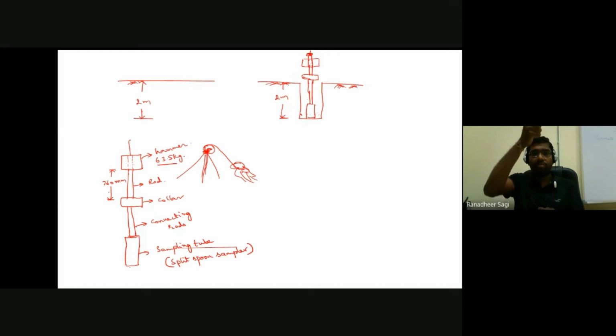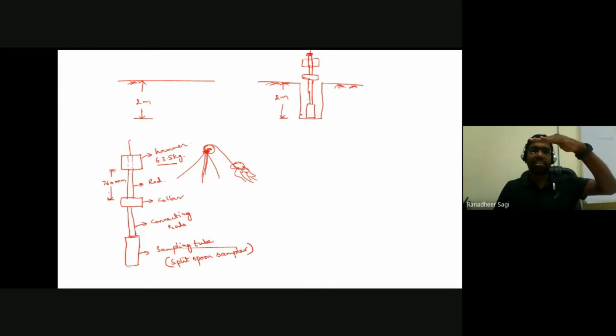So in fact the hammer is raised, and you have a kind of a locking mechanism. Once the hammer is lifted, your lock gets released, and the hammer comes and hits your collar. And the standard free fall height from which the hammer is going to fall is 76 centimeters or 760 mm.